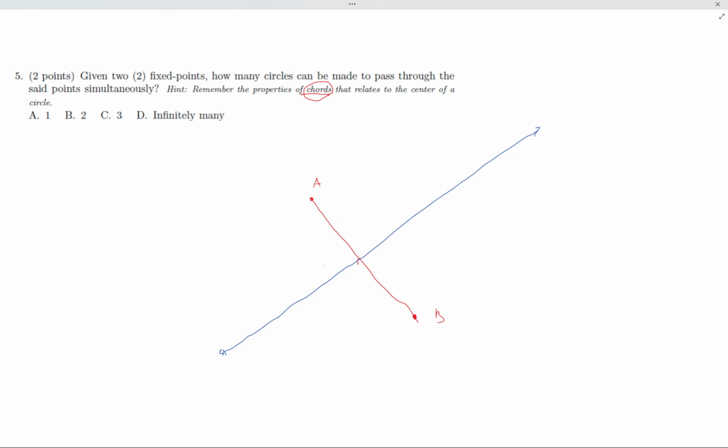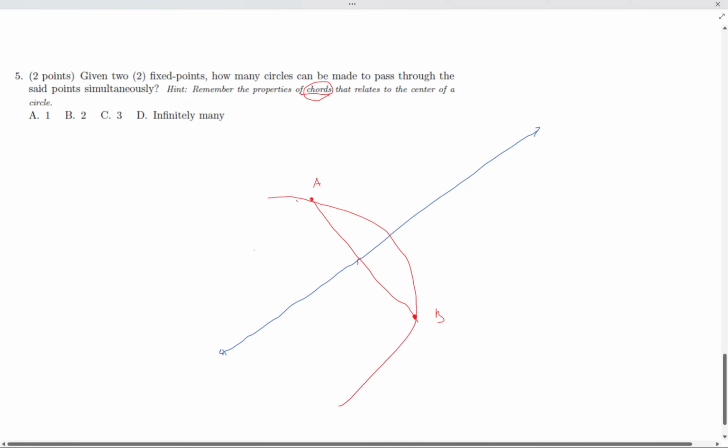It just says that the center could be located anywhere along that line, again, given the condition that the circle must pass through the said 2 points. So again, we could draw something like this. We have these 2 points, we have this circle, and the center should be located along this line.